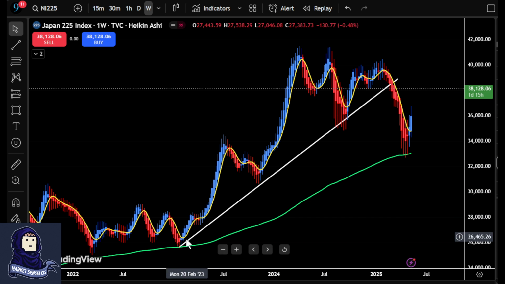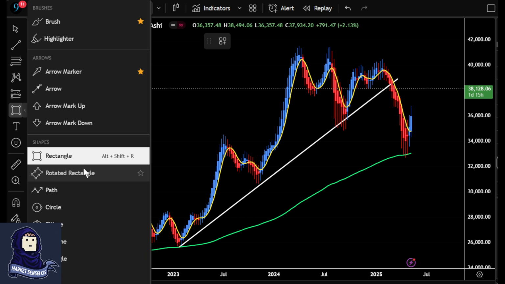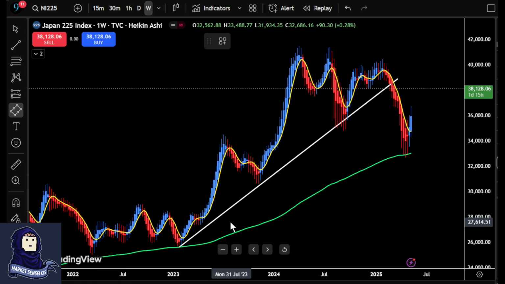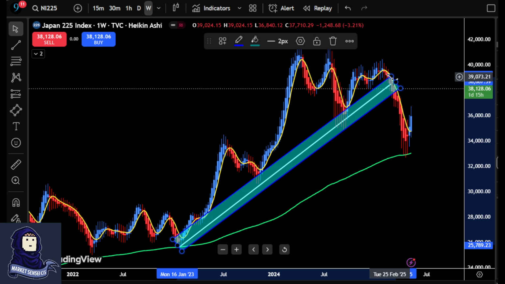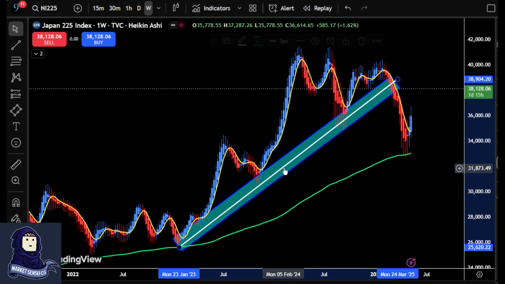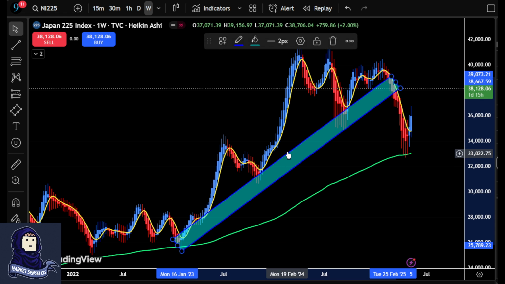So whenever you draw your trend line, you don't really have to draw it accurately. Perhaps in future I should put something up about trend lines. It's more like a zone. It's more like this kind of zones. It's just like support areas instead of really a trend line. It's more like a zone area.